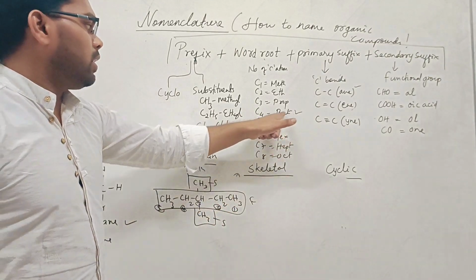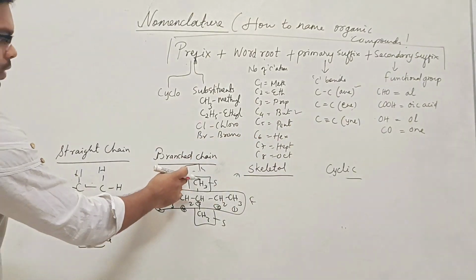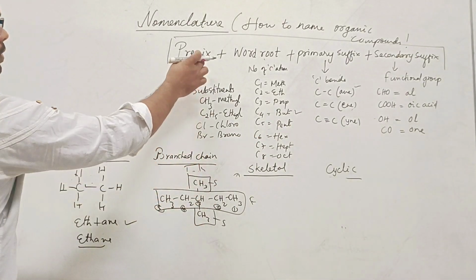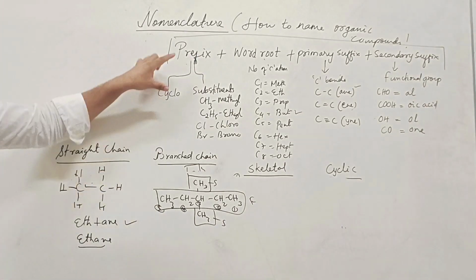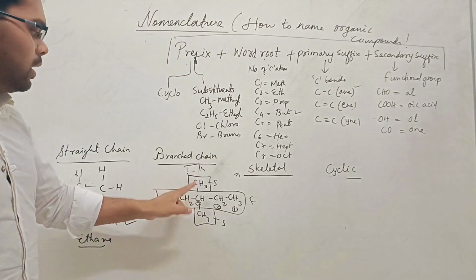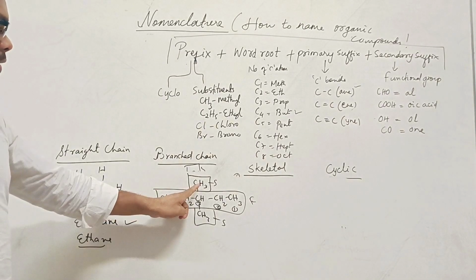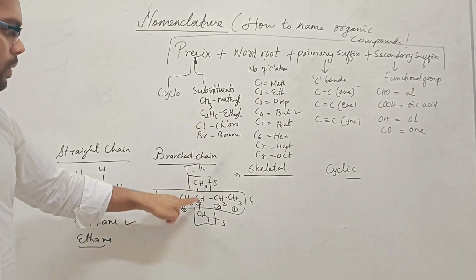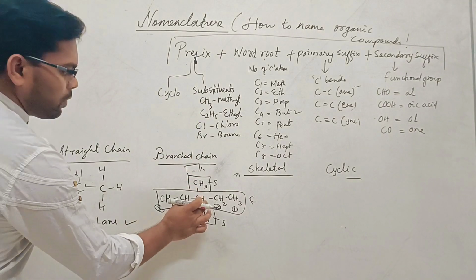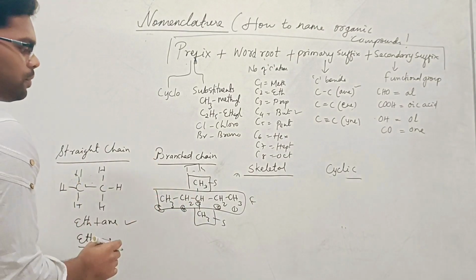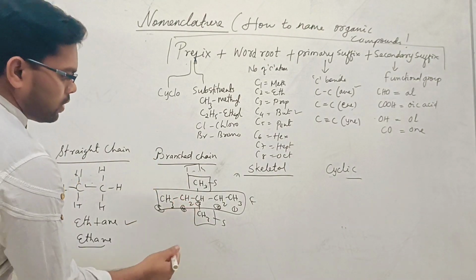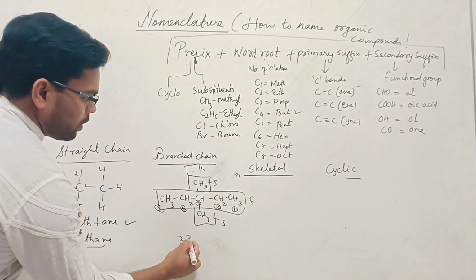5 means we are going to get pent. Here two substituents are there. So firstly we go for the prefix. Why do we go for the prefix? Because there are branch chains, and prefixes are always found there. So the prefix is the methyl group. The CH3 group is present. At what position of carbon atom is the CH3 group present? At the third position. So we write 3.